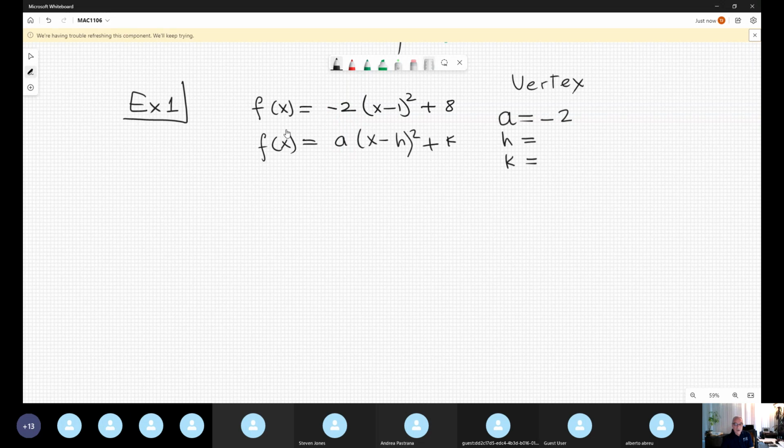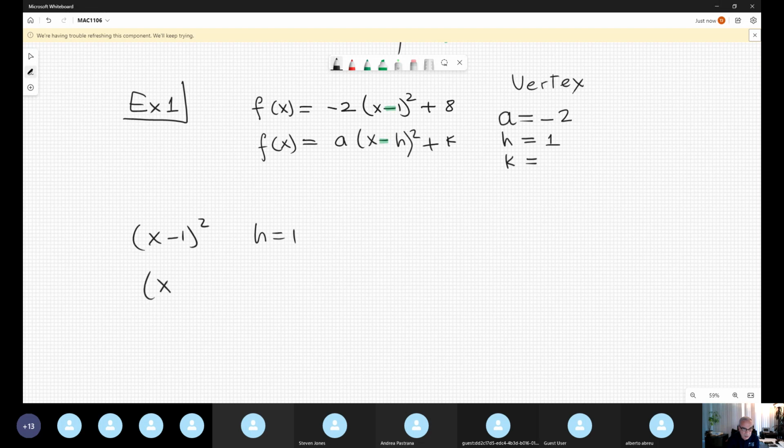Who is H? In x minus 1, no, h is a positive 1. This is tricky. The general equation has a minus, therefore h is positive 1. So what is the mnemonic to recognize quickly and perfectly the h? As you see in the parentheses, x minus 1 squared, it's obvious that h is 1.